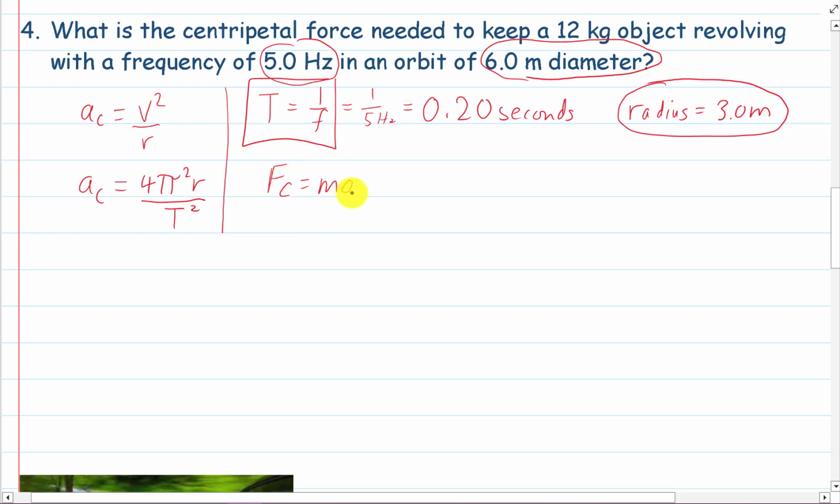That's going to be MAC, and I don't need to write that down every time. I'm just going to write down M 4 pi squared R over T squared. And that mass is 12 times 4 times pi squared times a radius of 3 all over 0.2.